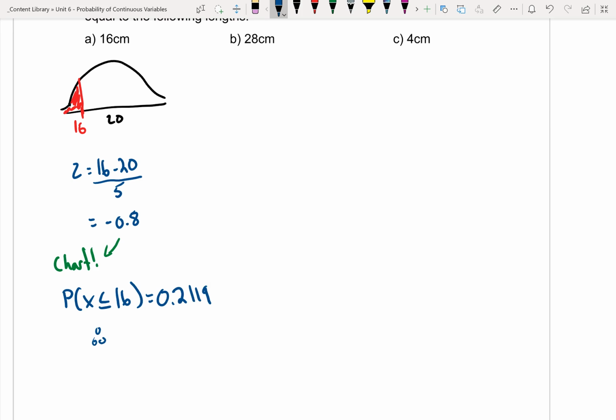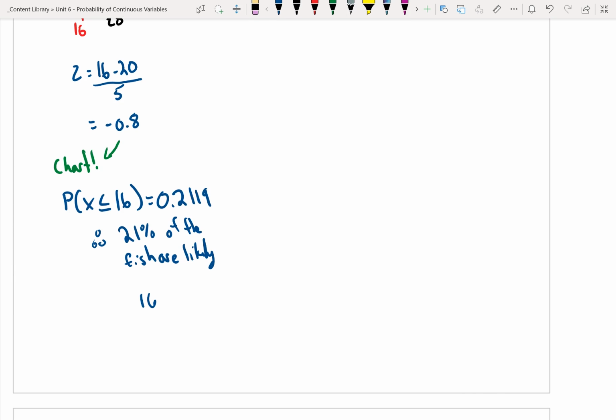So therefore, 21% of the fish are likely to be 16 centimeters or less.